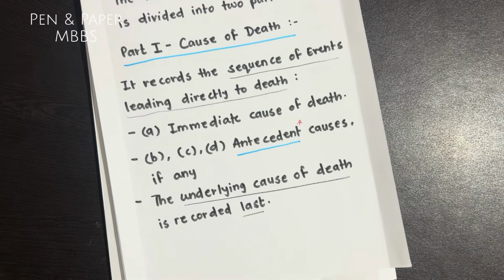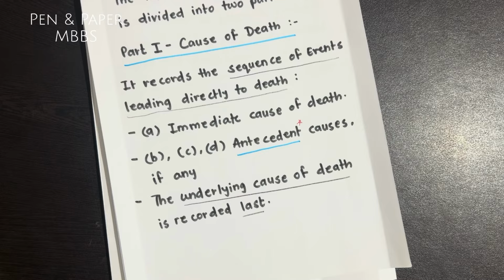Now before we move ahead, let me pause here for a minute because there is a word that many students find confusing. Antecedent cause. Antecedent simply means something that happened before. So an antecedent cause is a disease or condition that occurred before the immediate cause of death and which led to it.